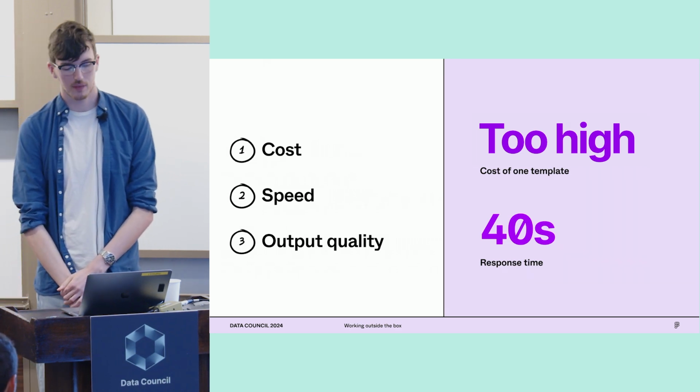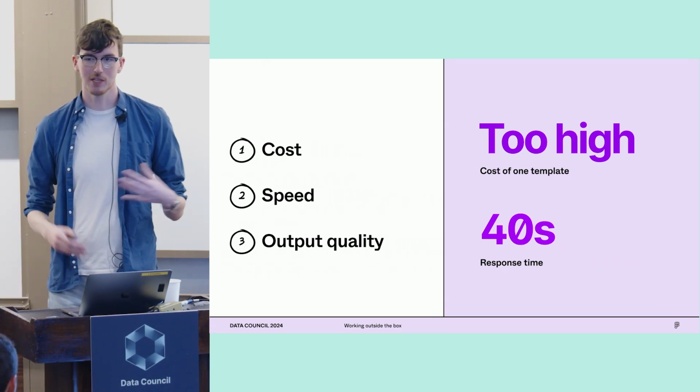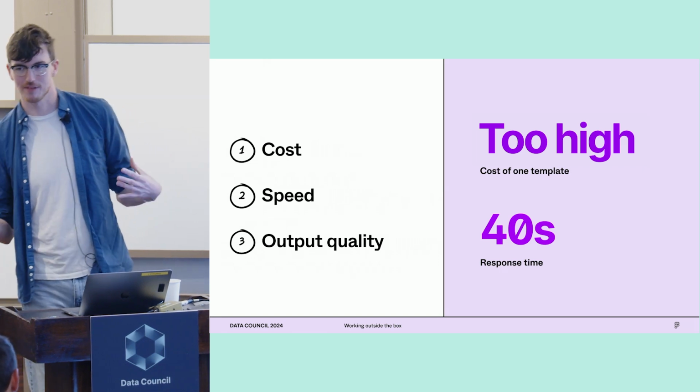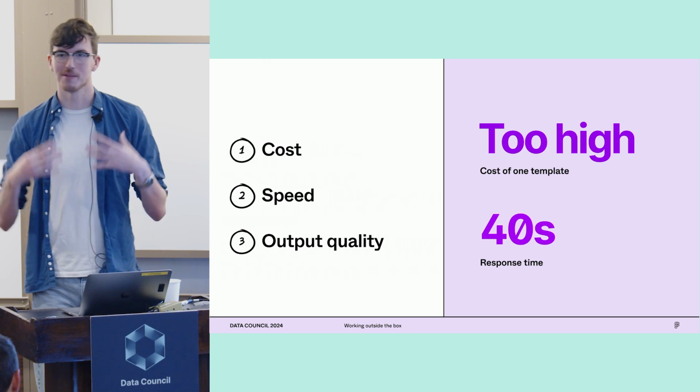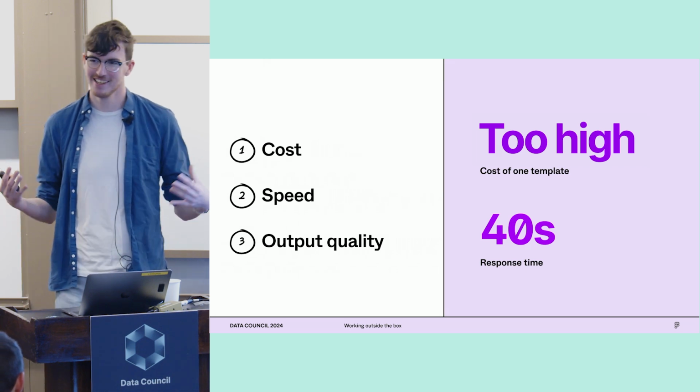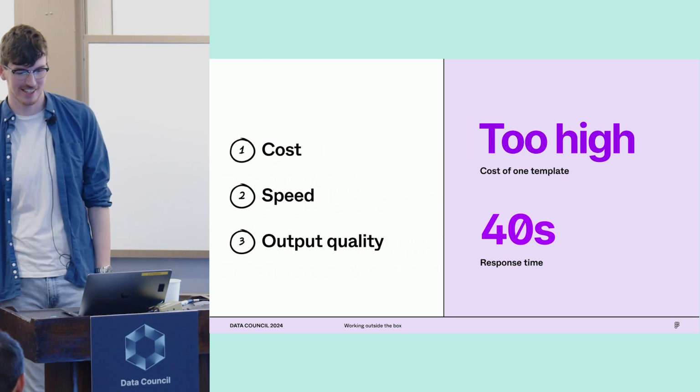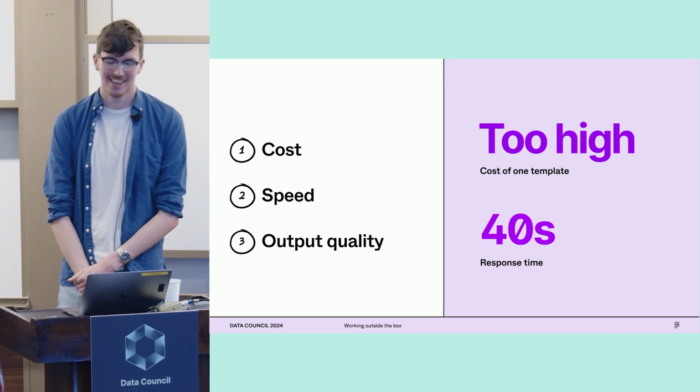And third, output quality. The speed would be somewhat forgivable if at the end of those 40, 50 seconds, you had the most amazing template ever. Like it was so amazing, your mind was blown and the world had changed. But that wasn't the case.